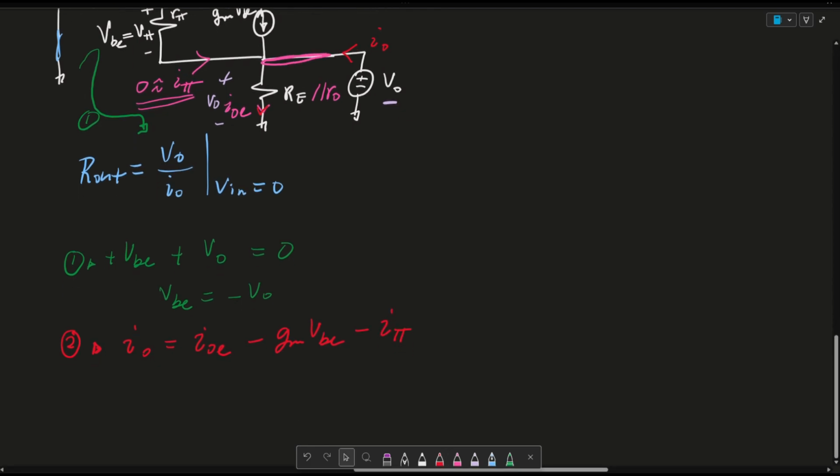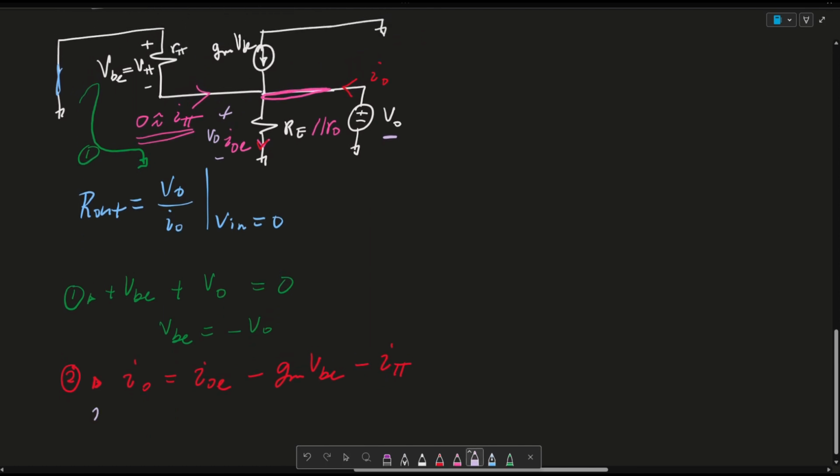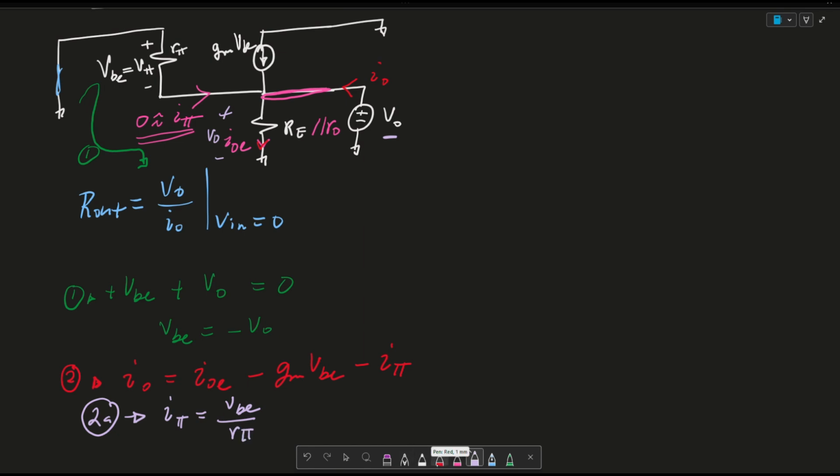All right. We want to take maybe a 2A. I'm just going to write this as 2A. And we just want to say that I pi is equal to VBE over R pi. So let's go ahead and plug that in here.